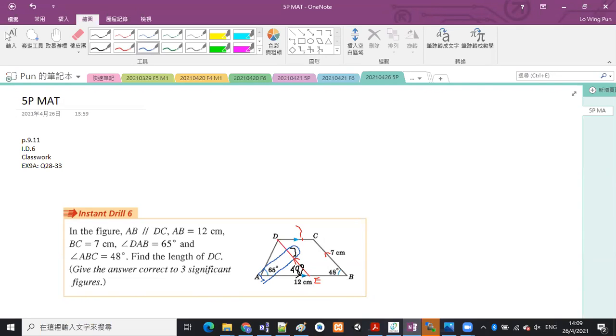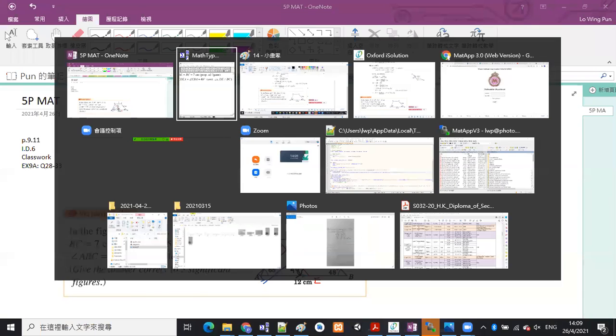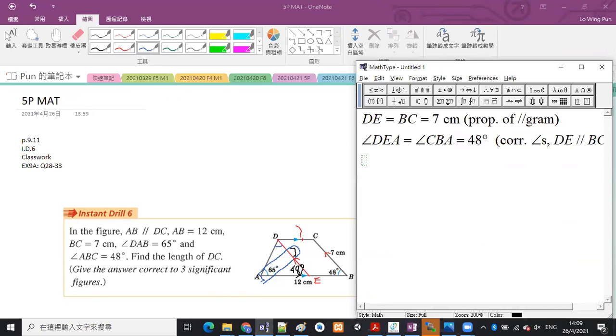But first, we have two angles in triangle ADE. We have angle 1 to be 65 degrees, angle 2 to be 48 degrees. Then actually we can find angle 3 first. So angle ADE is equal to 180 degrees minus 65 degrees minus 48 degrees. This is angle sum of triangle, and this should be equal to 67 degrees.